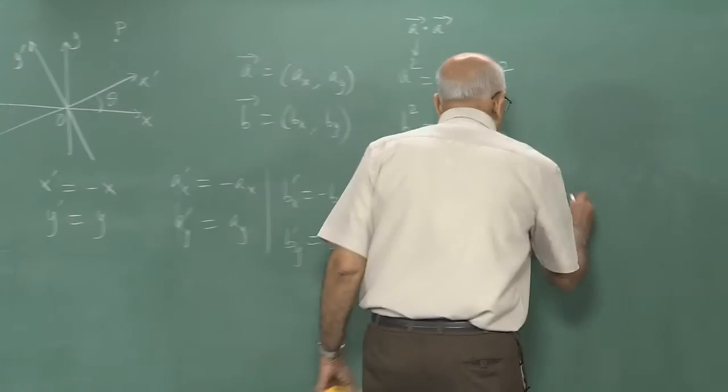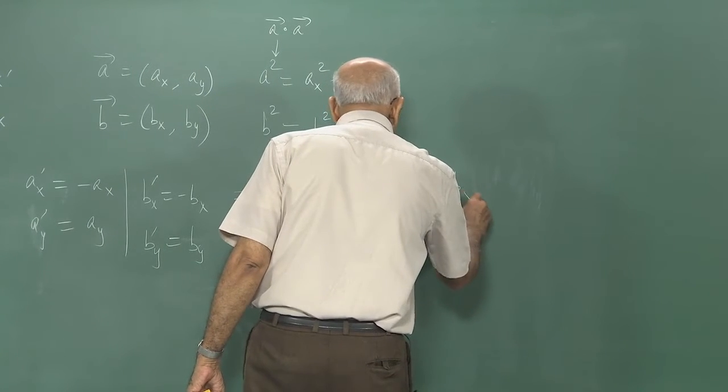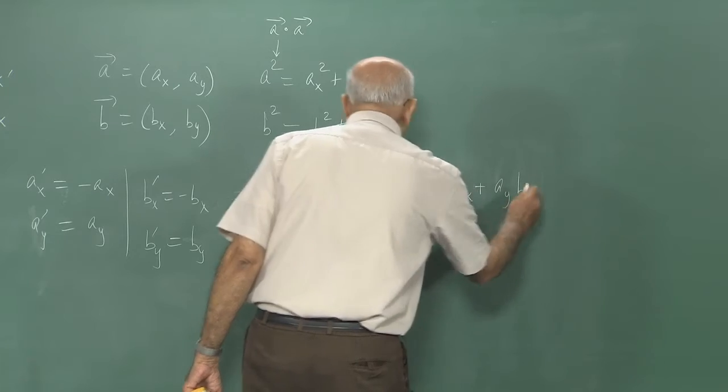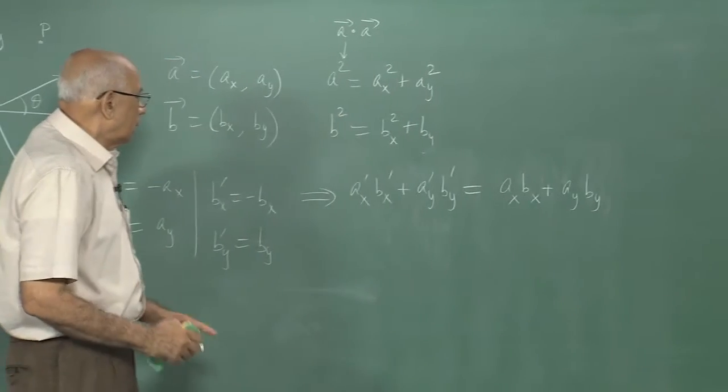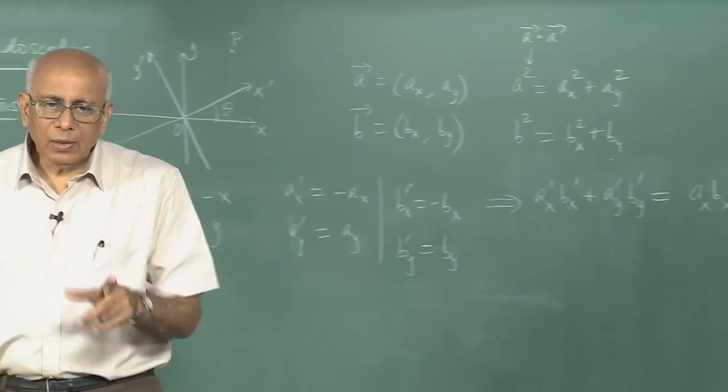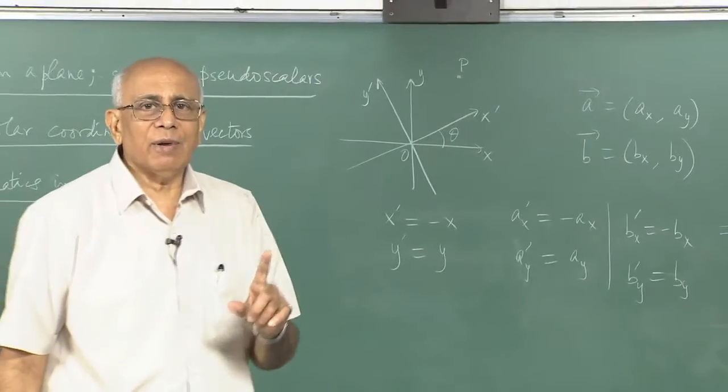It remains once again ax bx, and of course the y's do not change sign at all, so ay by. Therefore this quantity is a scalar not only under rotations but also under reflections.